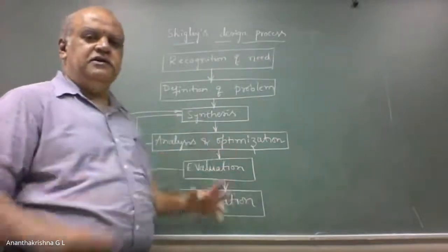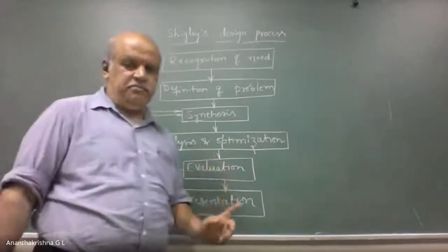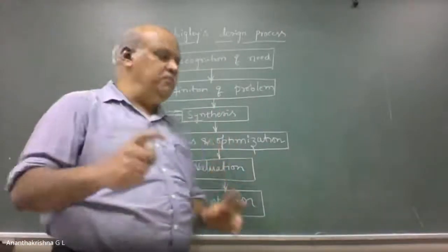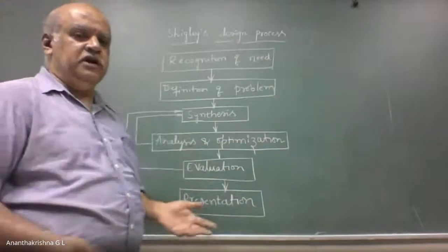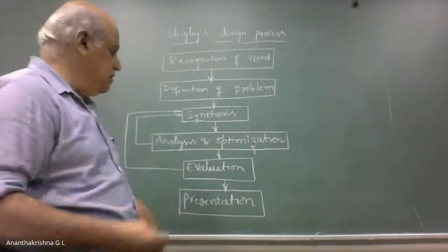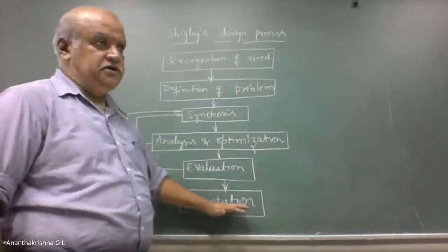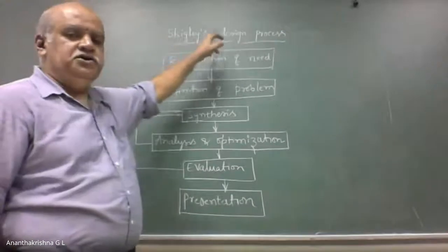Once evaluation is complete and satisfactory, it will go for presentation. Presentation here is the demonstration of design by means of drawings, material specifications, assembly process, etc. All those things come under presentation. This is the design process as given by Shigley.